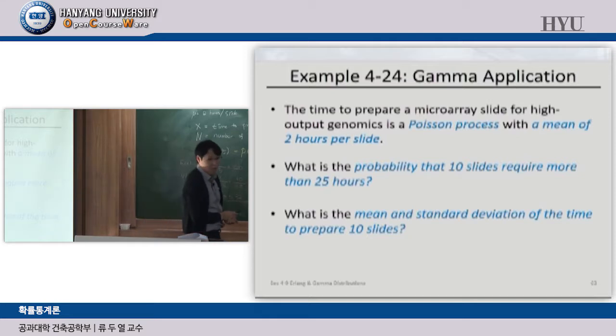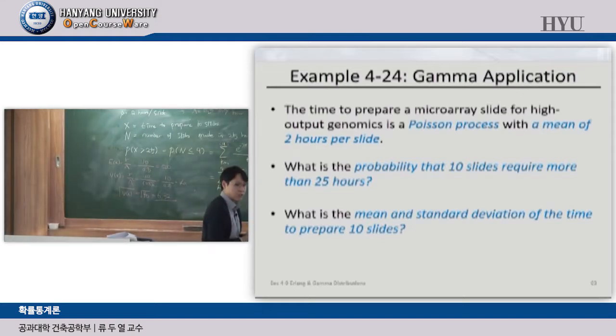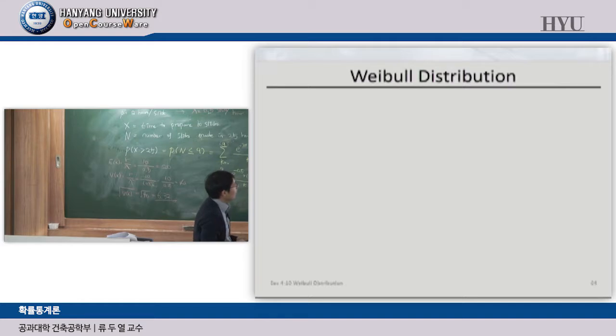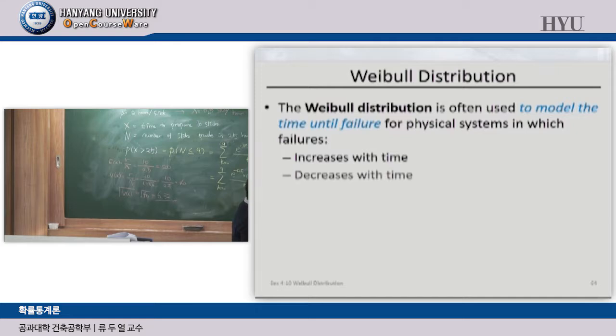So this is about the gamma application. And the gamma application is based on the Erlang distribution, okay? And now I'm going to explain the Weibull distribution. The Weibull distribution is often used to model the time until failure for physical systems in which the failure rate increases with time, or decreases with time, or remains constant with time.